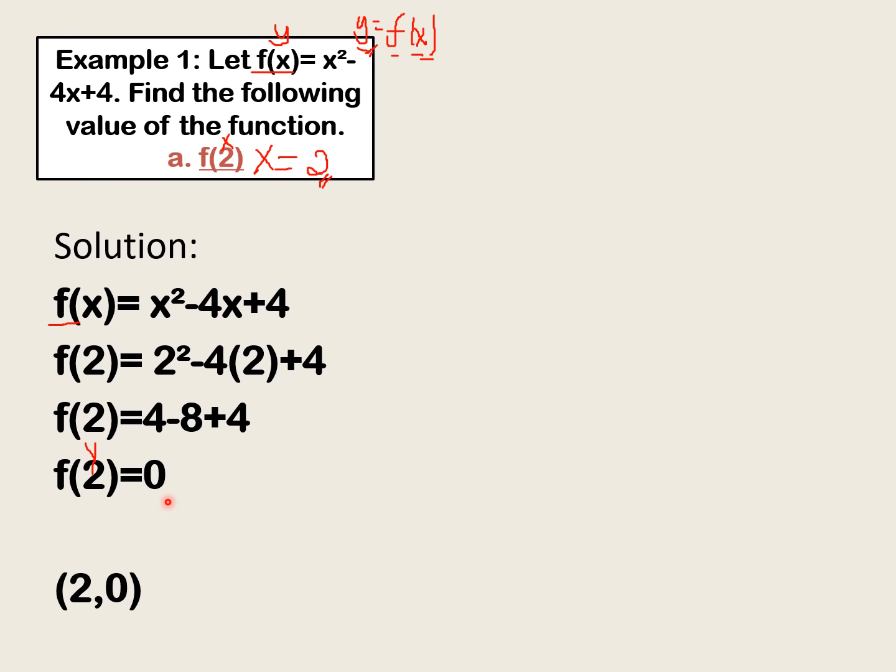Therefore, our ordered pair would be x. When x is equal to 2, our y is equal to 0. So that would be our first example, given f of 2.